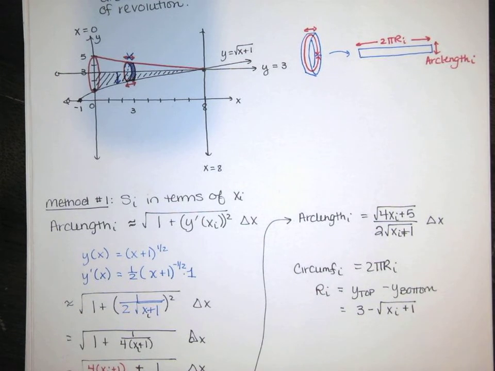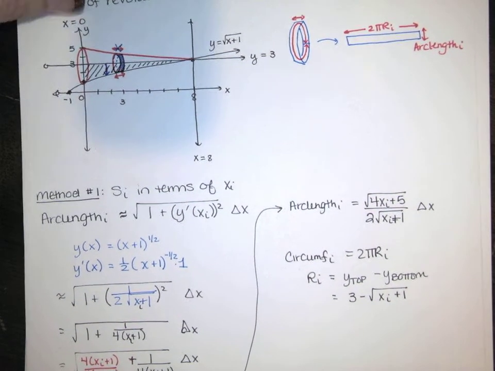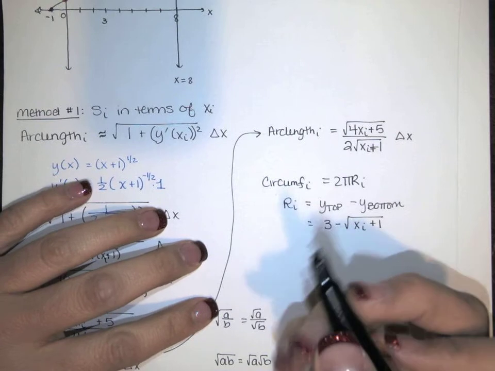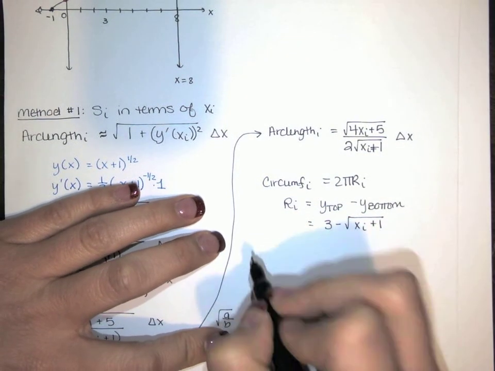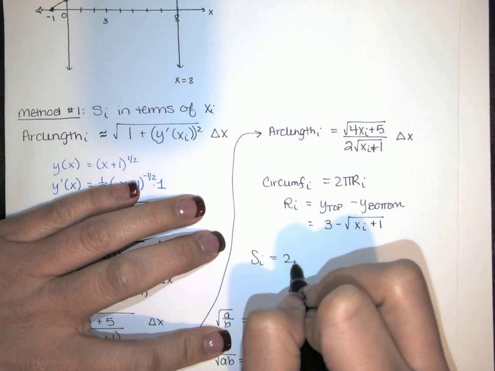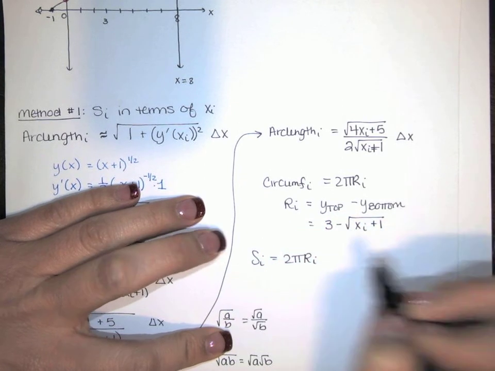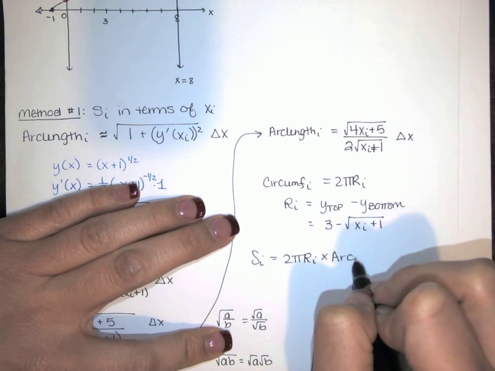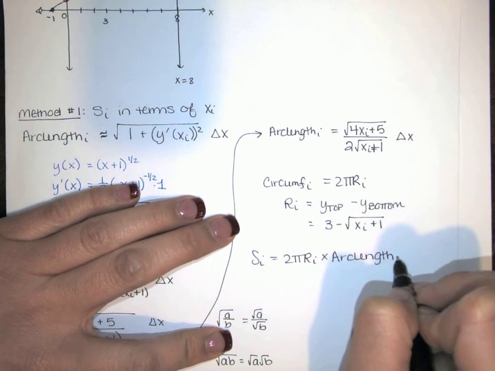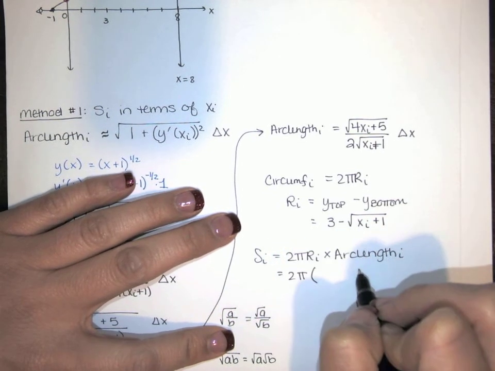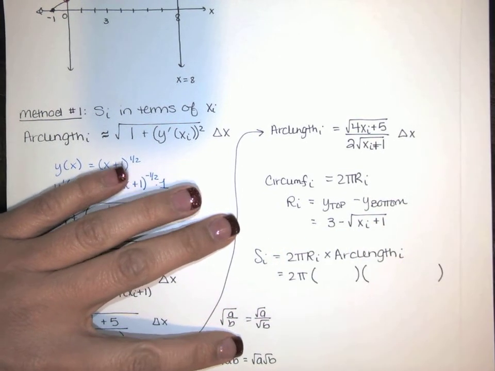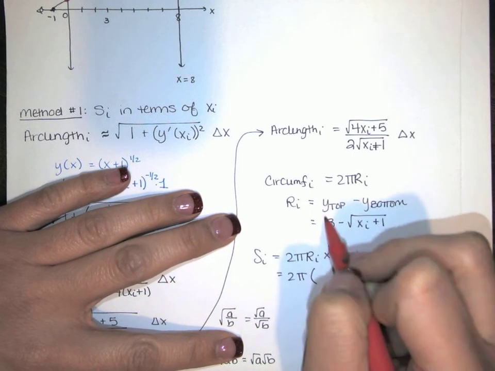All right, so my circumference is 2 pi times this, so my surface area is this. So I've got 2 pi times my radius times my arc length, and my radius is right here.